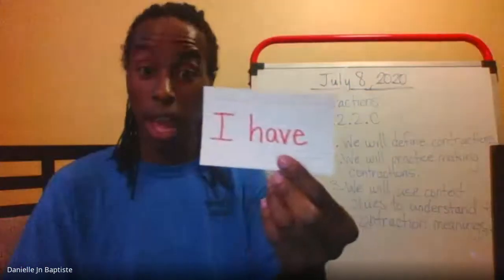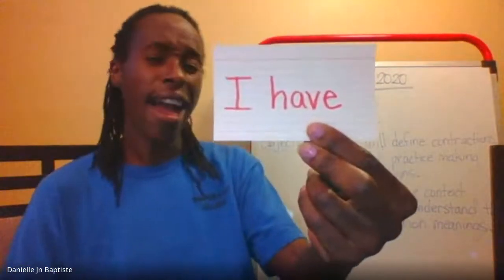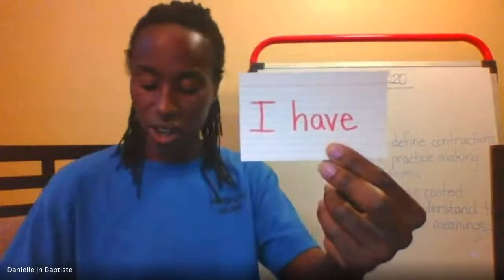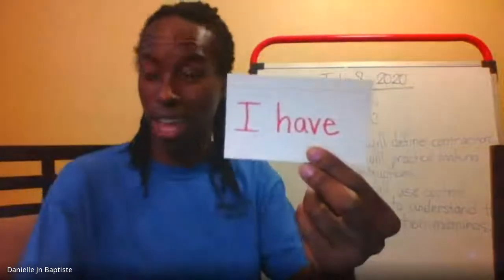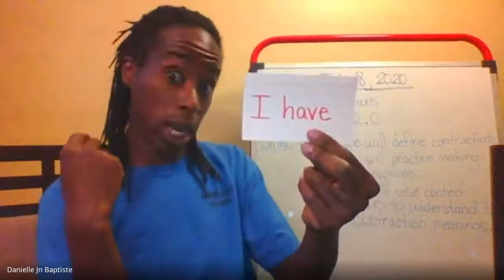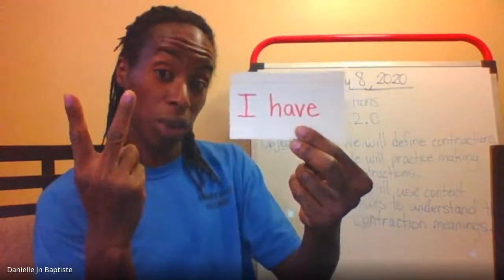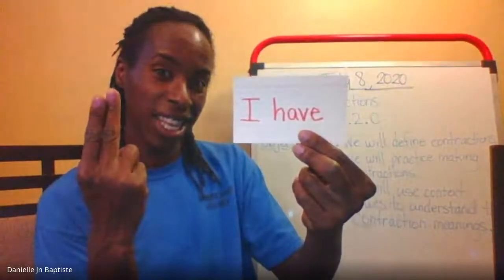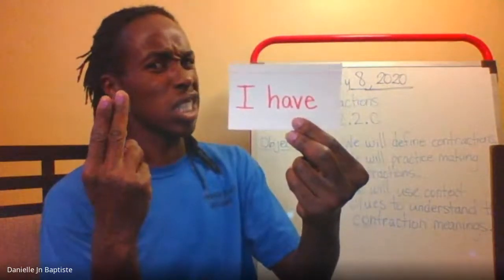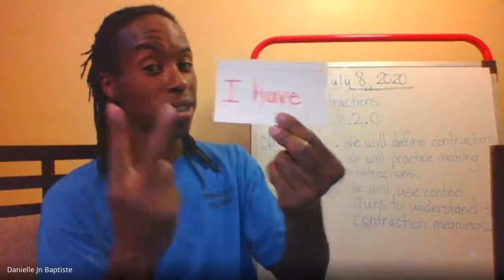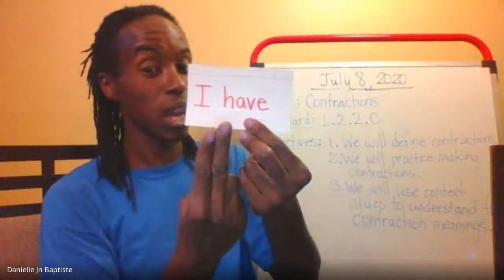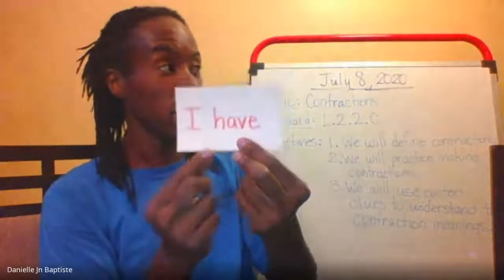All right. And we have I have. Let's turn I have into a contraction because there are what? How many words? And we're going to do what to the words? To make them into how many words? Two words put together to make one. Let's do this.